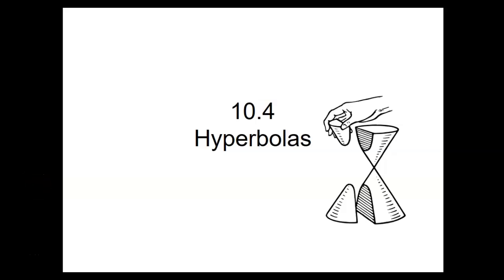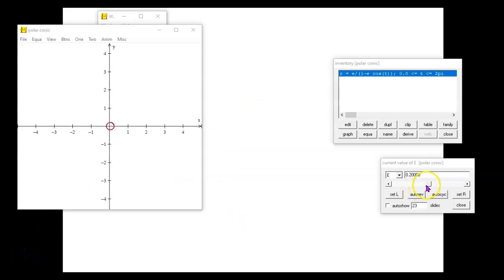Okay, so we've talked about parabolas, we've talked about ellipses, and today is Hyperbola Day. Remember, we learned that an ellipse has an eccentricity somewhere between 0 and 1. The greater the eccentricity, the more elongated and non-circular the ellipse is.